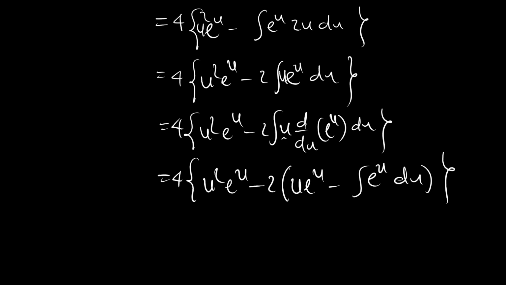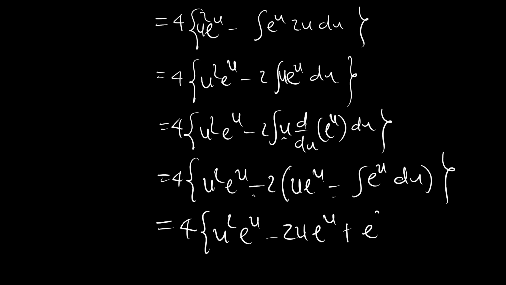So what we have here is 4 times u squared e to the u minus 2 u e to the u plus 2 e to the u, since the integral of e to the u is e to the u, times 2, obviously, plus the integration constant.